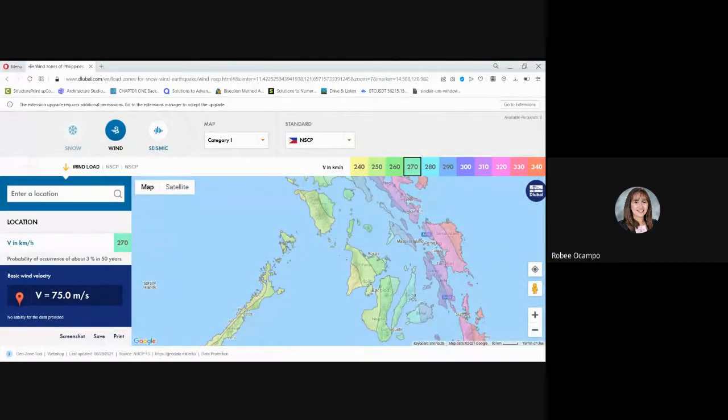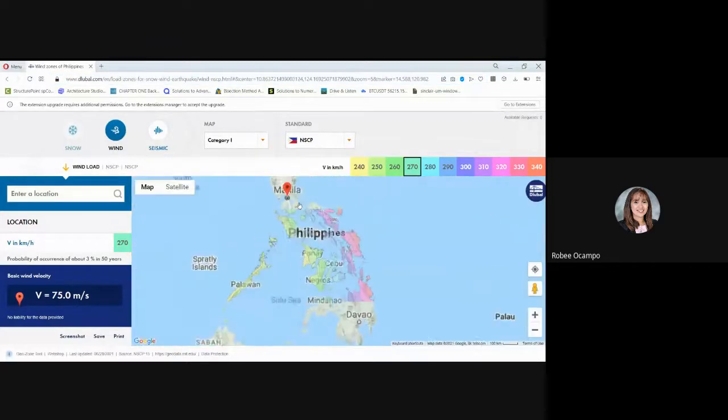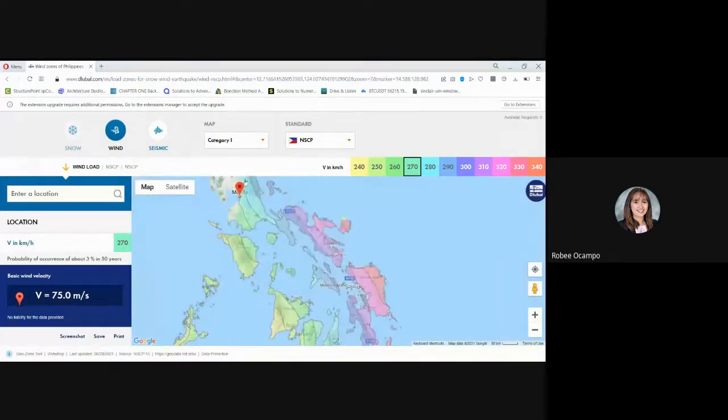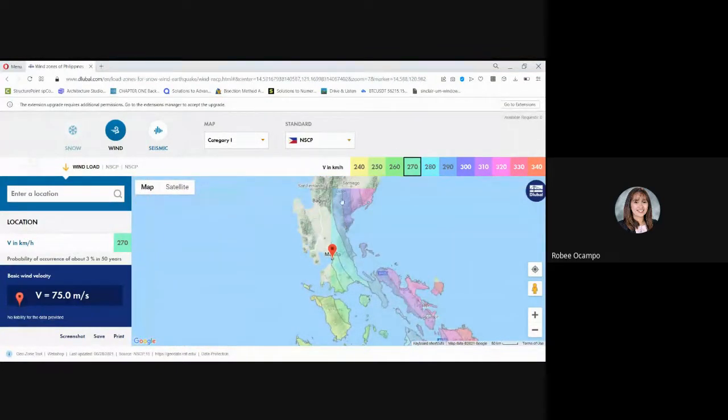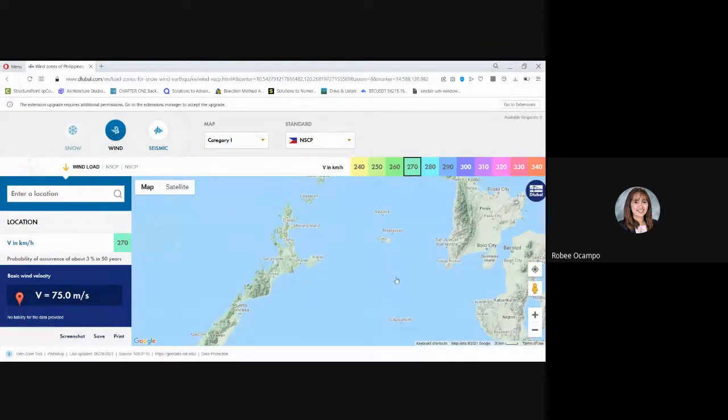So this is a website. I'll share it in the chat room of our meet so you could see it for yourself and explore the website on your own. For example, you'll see there's a certain color for every value of the basic wind speed, from 240 going to 340. You'll notice 240 here in Palawan.